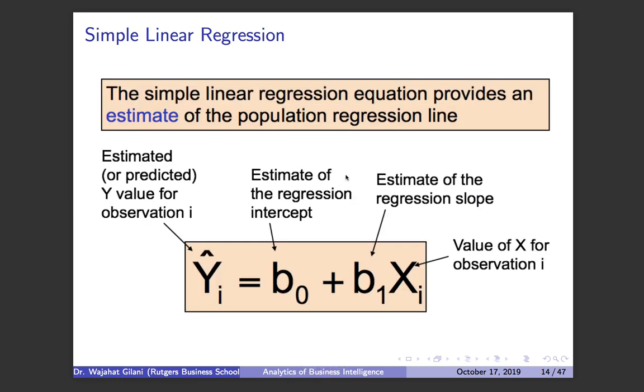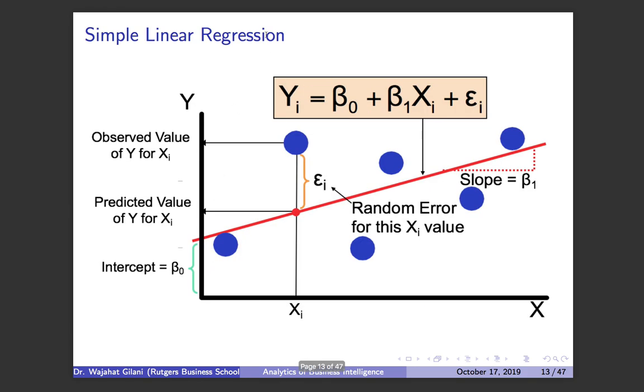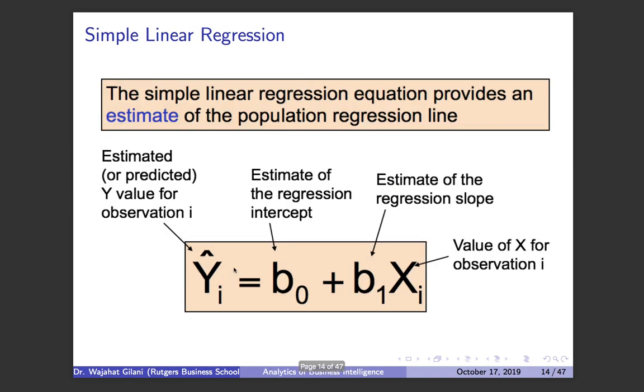All right, the simple linear regression equation, the estimate of the population regression line, is going to be interpreted like this, right? Notice the y hat versus the non-y hat. The y hat literally means the predicted value. Anytime you see this hat over the y, that's the predicted y versus the actual y, right?